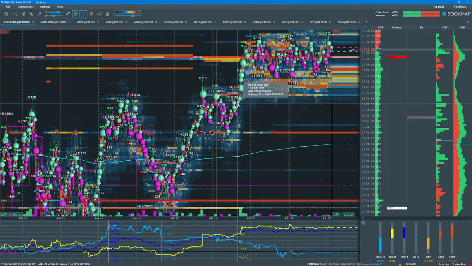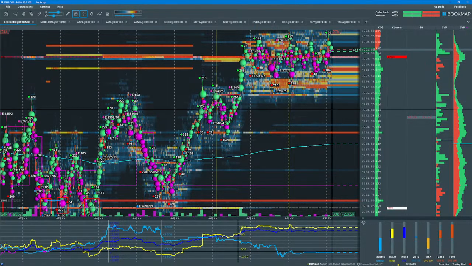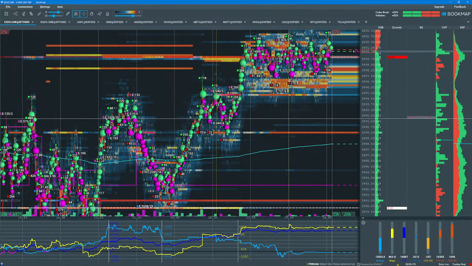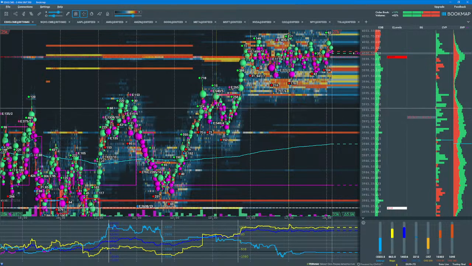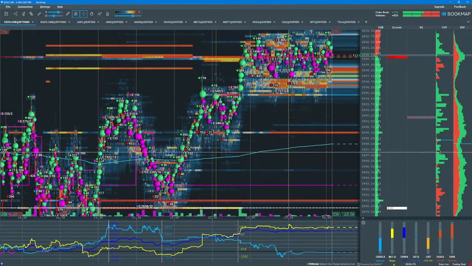All right, so that's the S&P 500. And one other thing, I do have settings different. So this is showing buy volume and sell volume, and in the session volume profile and in the chart volume profile, I'm showing the delta.